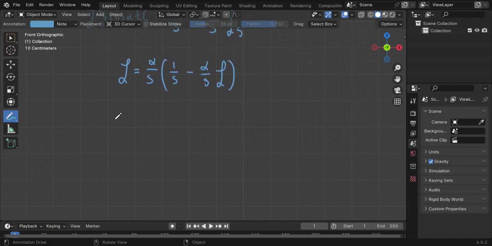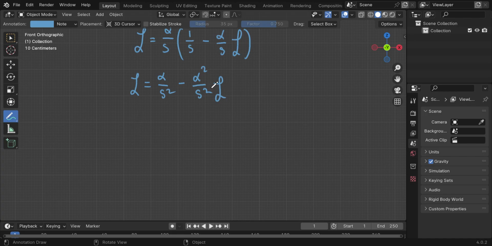So now I'm going to distribute, and we get alpha over s squared minus alpha squared over s squared times the Laplace of the sine function.